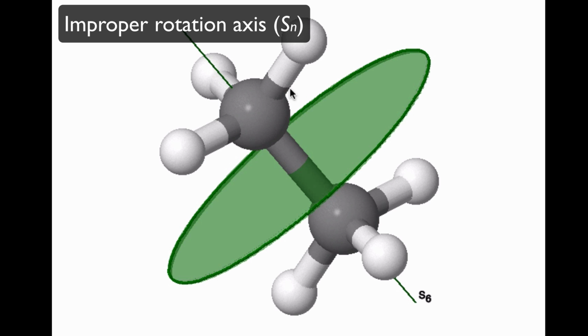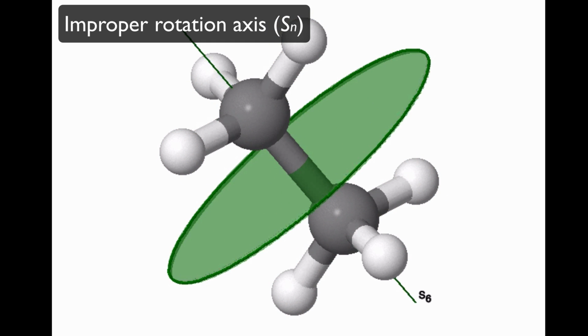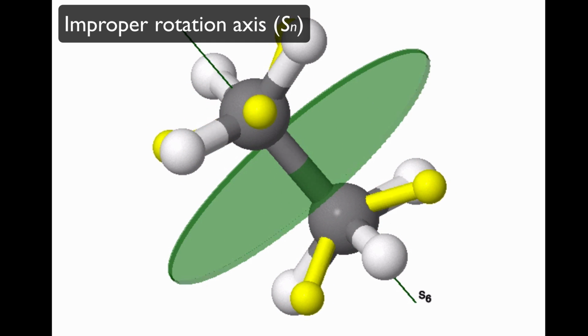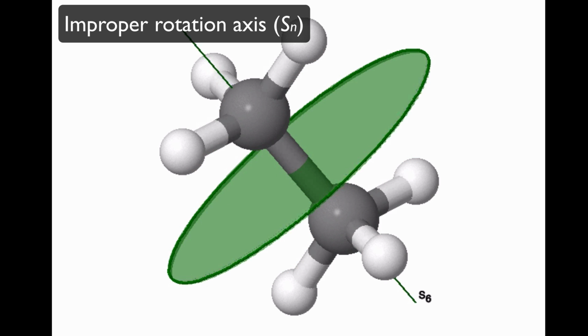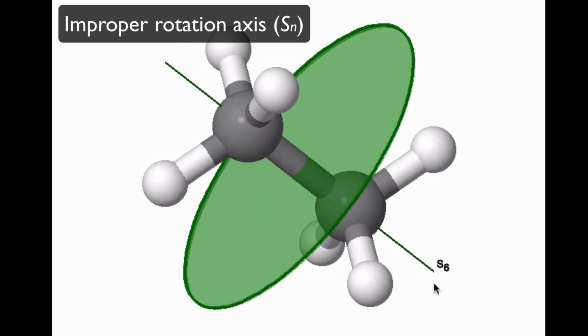So we rotate 360 divided by 6 degrees, and then we reflect through this plane, and that will make this CH bond exchange with this CH bond, and this CH bond will go around to the next one. Let's watch that happen. Now rotate and then reflect. We'll see it again. Rotate 60 degrees and then reflect through the plane.